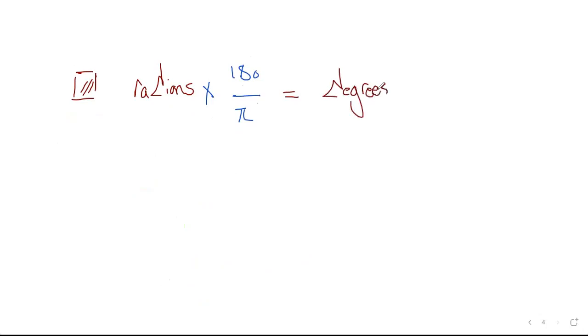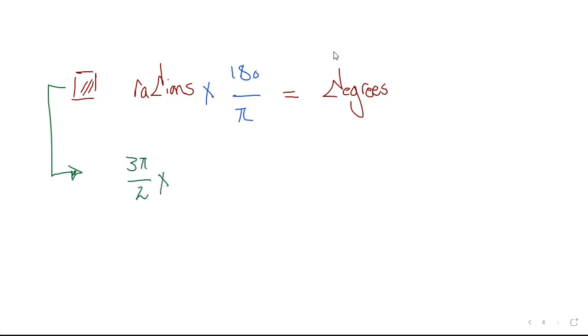Now, we also talked about how to move from radians to degrees. We saw the unit of conversion is now the inverse of that. It's 180 over pi. It gives you degrees. For example, 3 pi over 2 as radians. How much degrees is it?